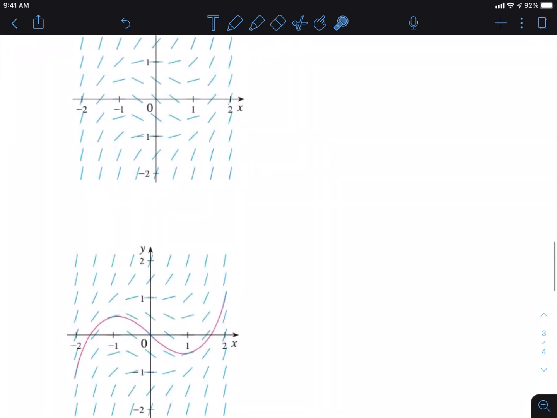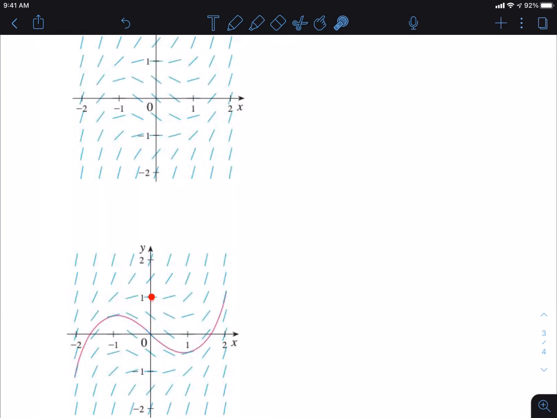Now, this is what the solution would have looked like going through the origin. Do you see that? If we'd slightly changed it, we could have had something that looked like this over here.